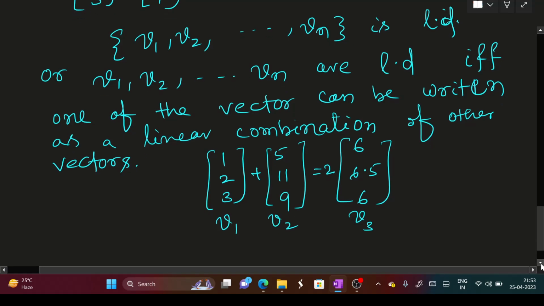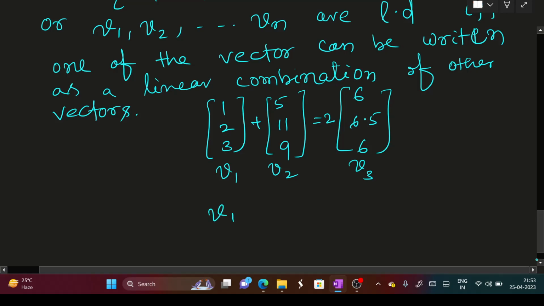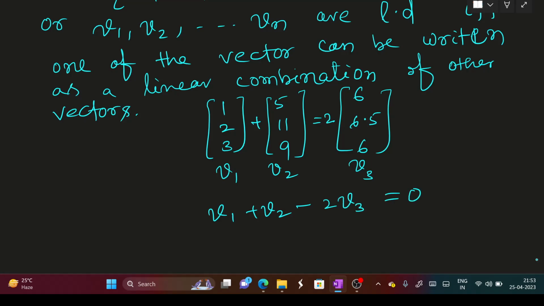Or also I can write that V1 plus V2 minus 2V3 is equal to 0. So here at least one of the coefficients of the Vi's is non-zero. Such a combination is said to be a non-trivial linear combination. If all of them are 0, then it is said to be a trivial combination.